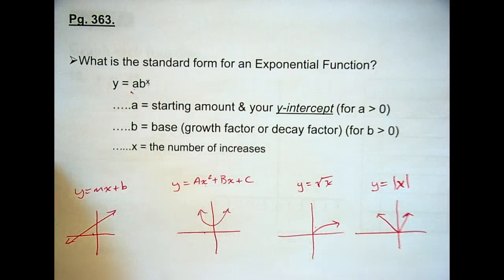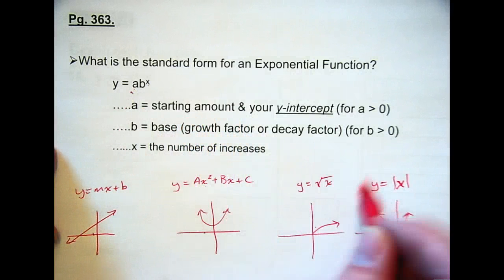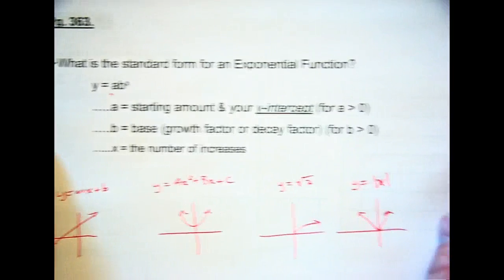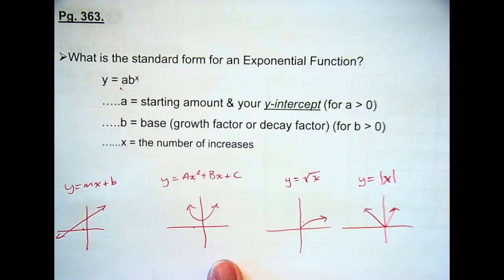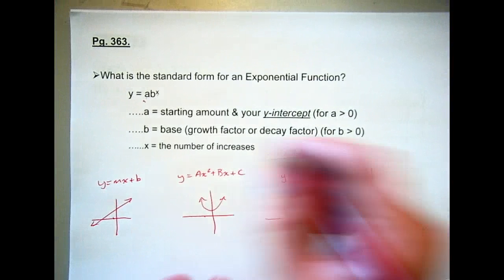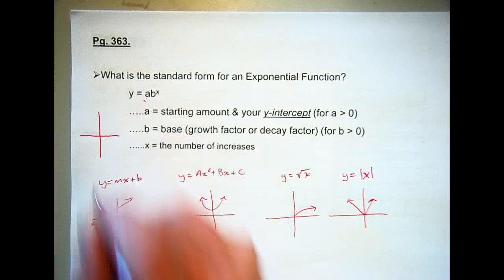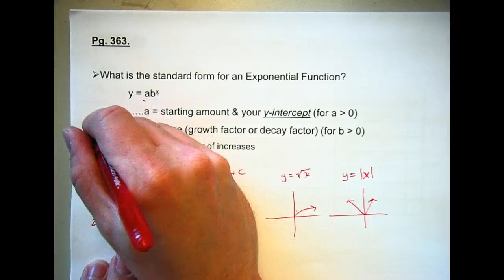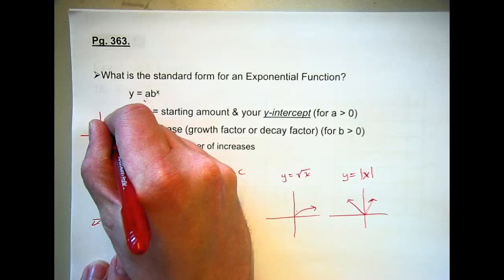A is our starting point, the starting amount. It's your y-intercept. So if you're drawing a picture of this, your picture for this one would be maybe something like this.